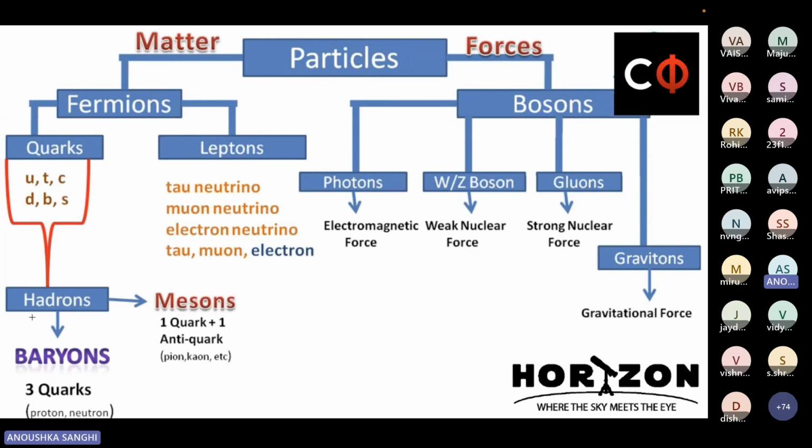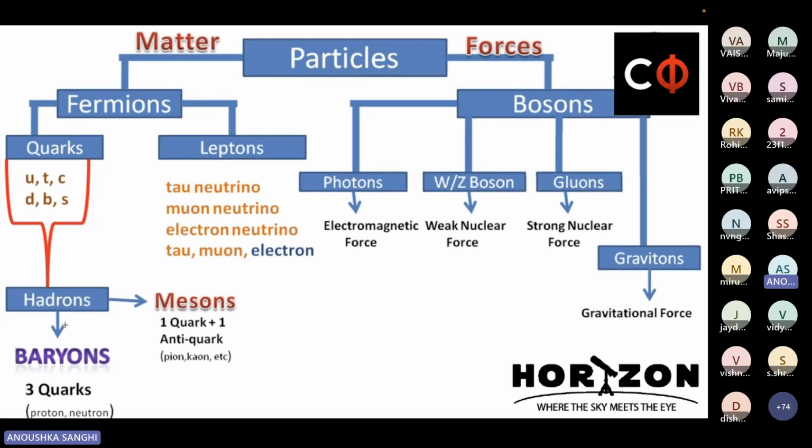Again, if I talk about the three terms which came, hadrons, baryons, and mesons, then hadrons are not fundamental particles, in the sense that they are not the smallest unit. The smallest units are the quarks. Hadrons are made of quarks, right?